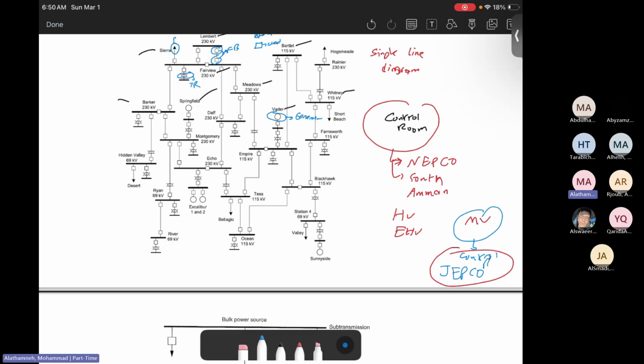But which one is controlling the electrical system of Jordan? The one by NEPCO. This is the most important thing. The control room by JEPCO, the Jordanian electricity distribution company, is still very important, but it is not controlling the whole of electricity of Jordan. NEPCO is controlling everything, which is the system operator.